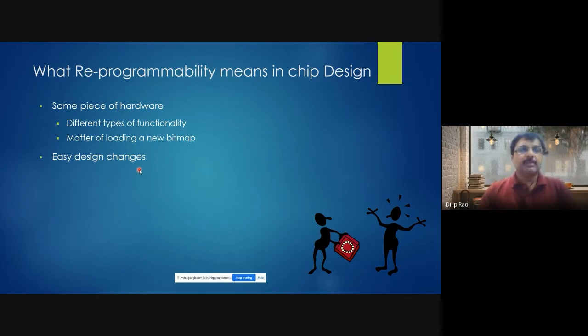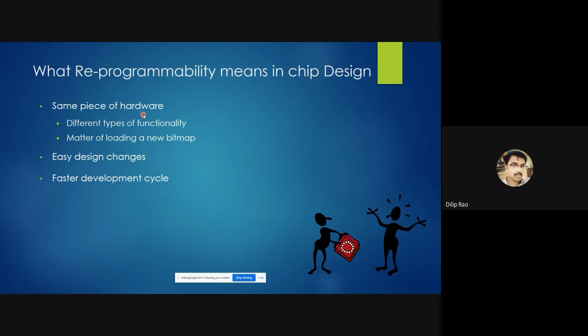Once you discover the bug and have the fix, you need to see where the fix gets into the picture. Then you fix it, synthesize it, take it to the place and route stage, and build a new bitmap. So design changes here are very easily done and not at all as complex as for an ASIC.